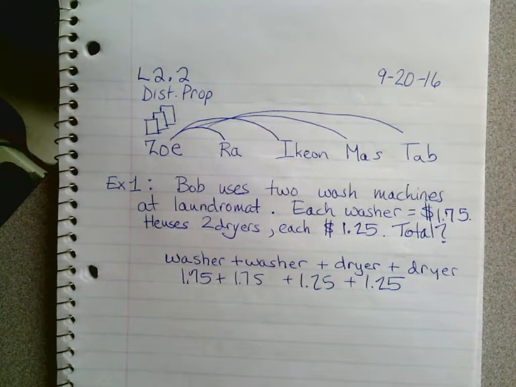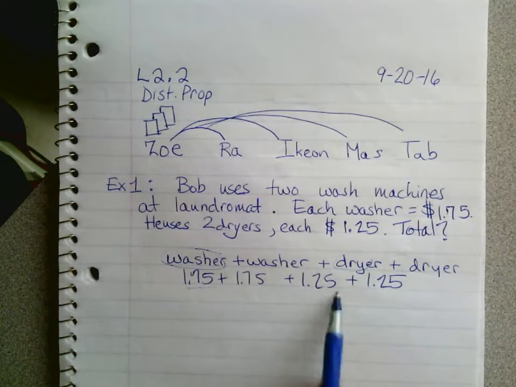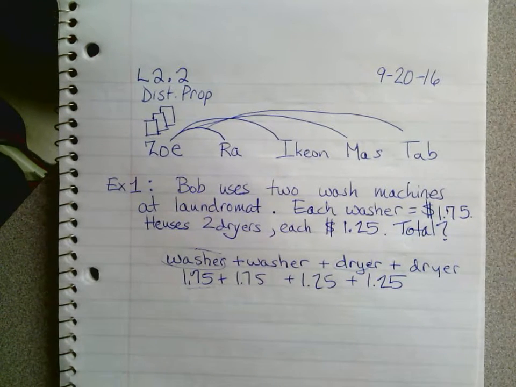You can do that. Or you can consider the cost of the overall wash and dry. What is the cost of a single wash and dry? $1.75 and $1.25, right?